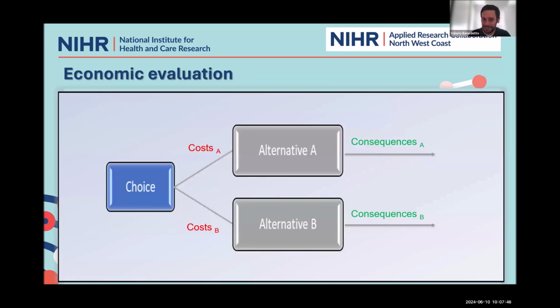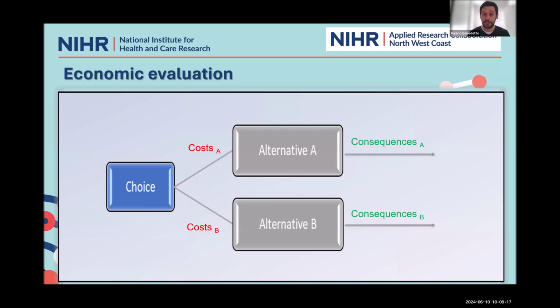Now, you might be bored of seeing this figure. This slide is a typical simplified example of an economic evaluation where you have this choice between two alternatives. And from what we learned in session 2, we now know how to describe the alternatives in terms of whether they're, for example, pharmacological, psychological interventions, how they work, where they took place, and the sample as well.